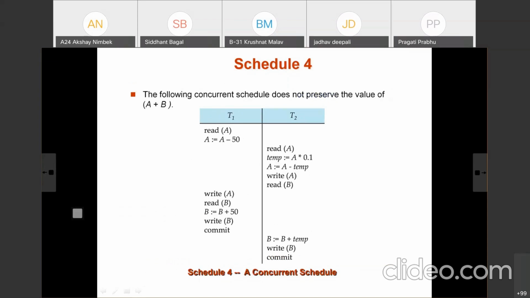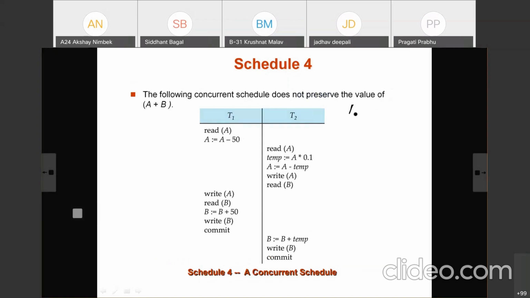Now again we consider A is equal to 1000 initially, B is equal to 2000 initially. Now what value of A does it read? 1000. Make A is equal to A minus 50. What value of A does T2 read?